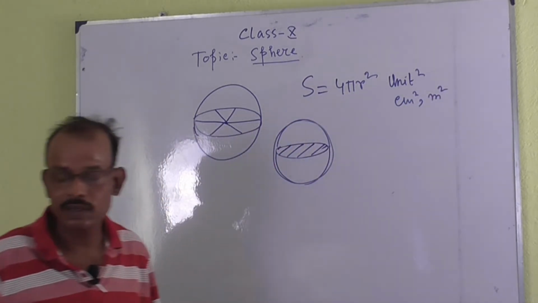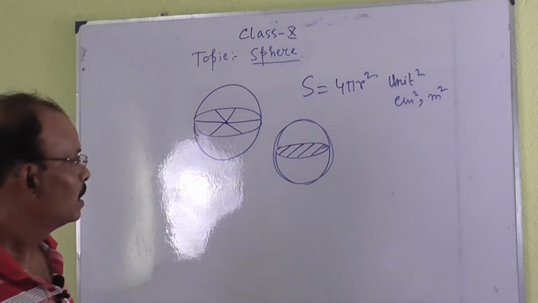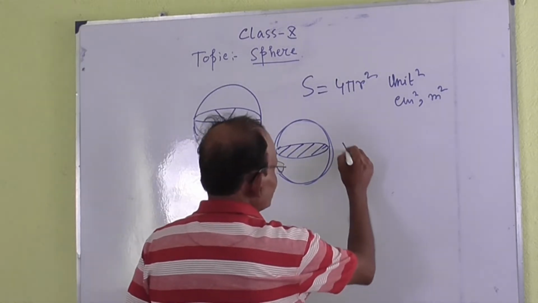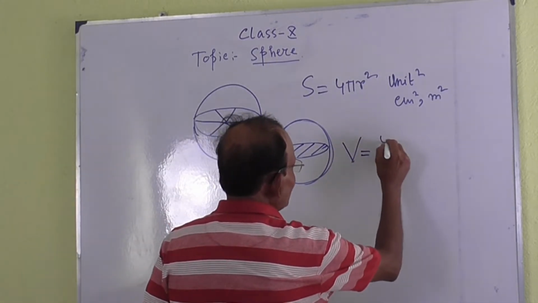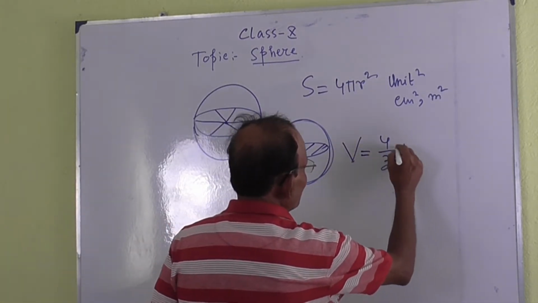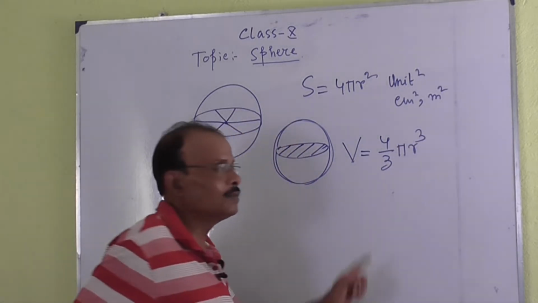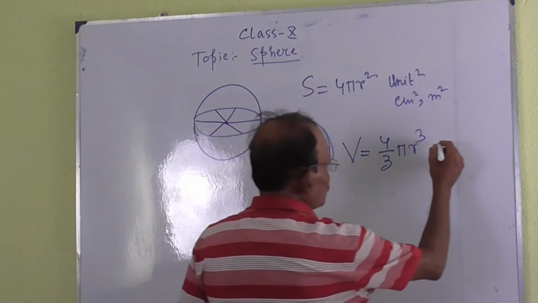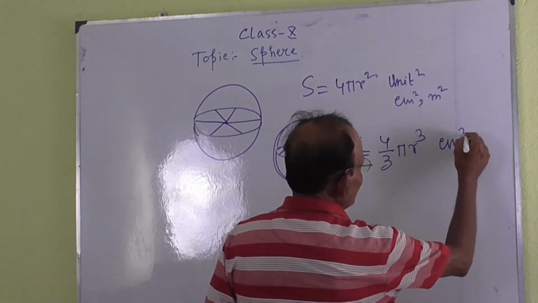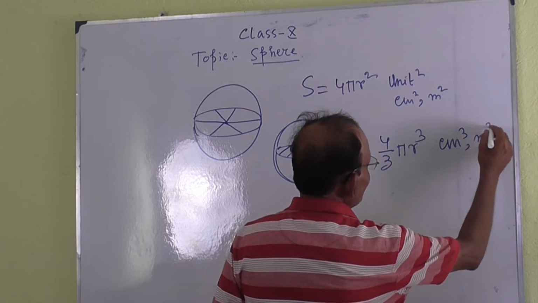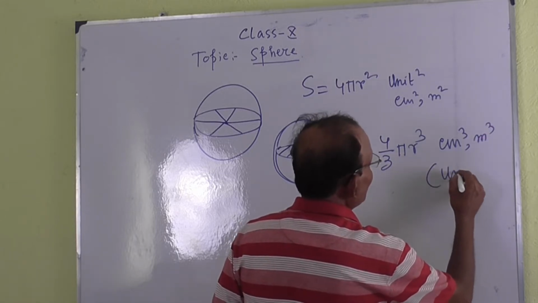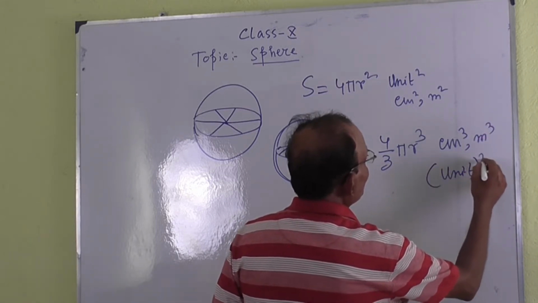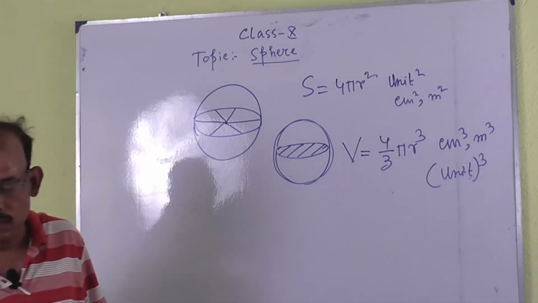Okay. Now, the volume of the sphere will be 4 by 3 pi r cube. Its unit will be centimeter cube or meter cube, that means unit cube. Clear?